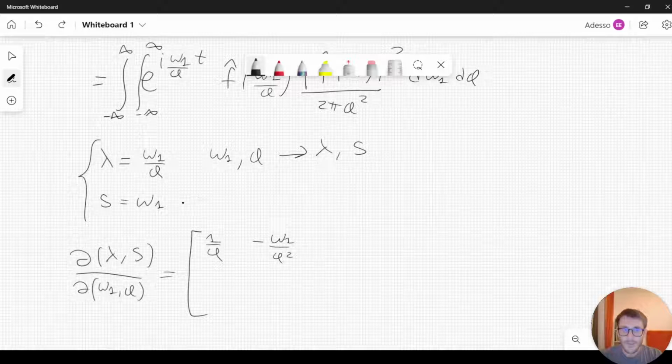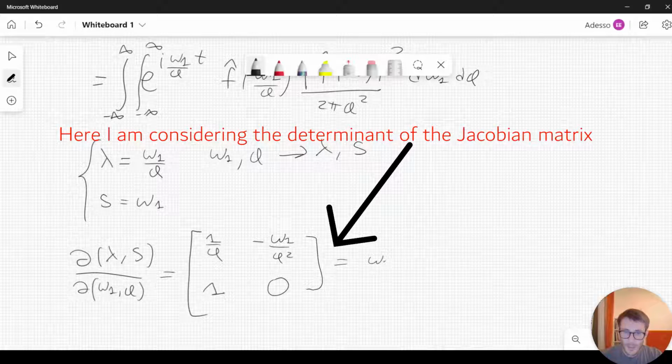Then we have the derivative of s with respect to omega 1, and I have to put it here in the second row, first column, and that will simply give me 1. And then I have the derivative of s with respect to a, and I have to put it here, but I have 0. So this will give me omega 1 over a squared, like this.